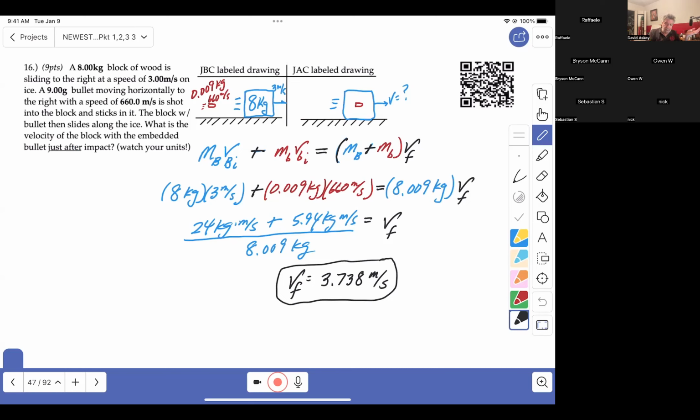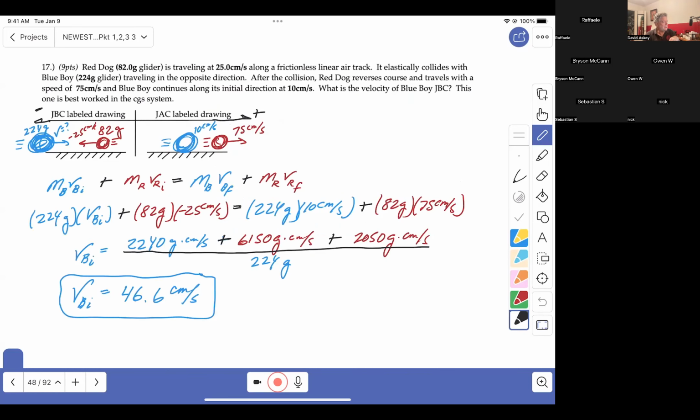So what would you expect on the test? Hint, hint. There's always a bullet and block problem on tests. Where it gets interesting is when the block is going up a hill and the bullet's coming down the hill, but we're not going to deal with that yet. That's more in AP physics, because then they throw in friction and it gets very messy. But we're just touching the surface in this class.